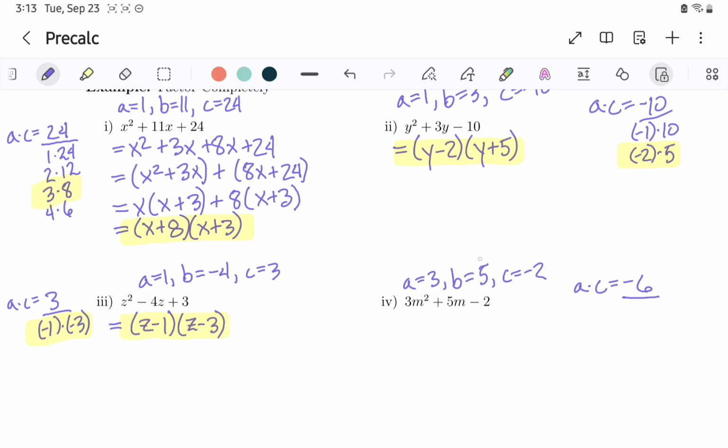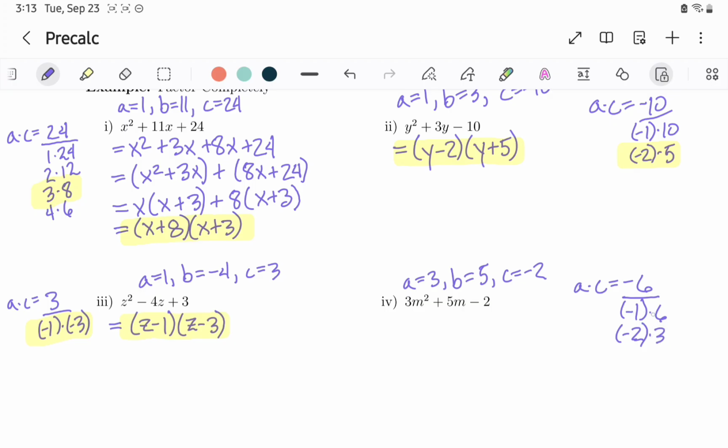And since we want those two factors to add to a positive 5, we want to consider factorizations where the larger factor in terms of absolute value is the one that's positive. So such factorizations would be -1 times 6 and -2 times 3.